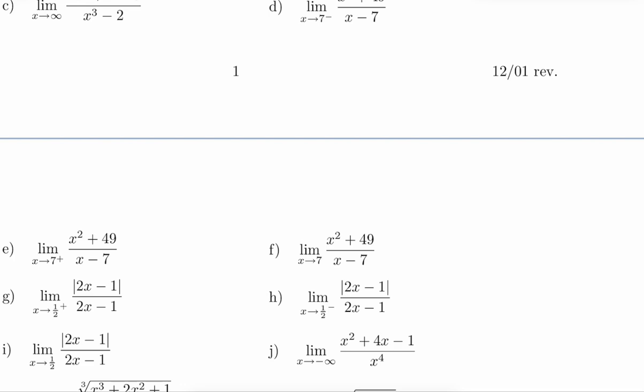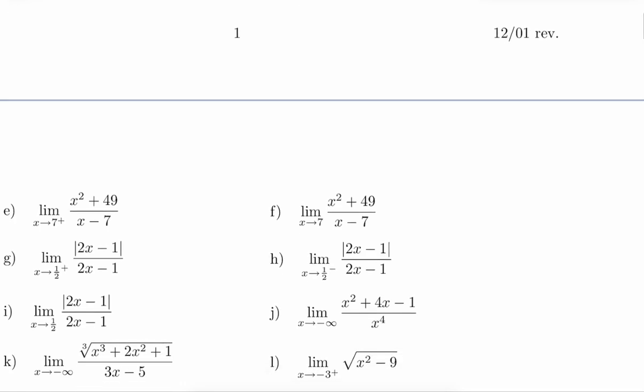Let's do one like F. Now F, if you plug in 7, you get 98 over 0. So it is not a hole that you can repair. That has to be a vertical asymptote.